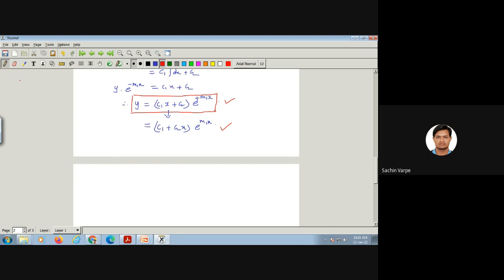Anyways, it is your concern whether to write in the second form or the first form. But always remember the logic behind the formula.